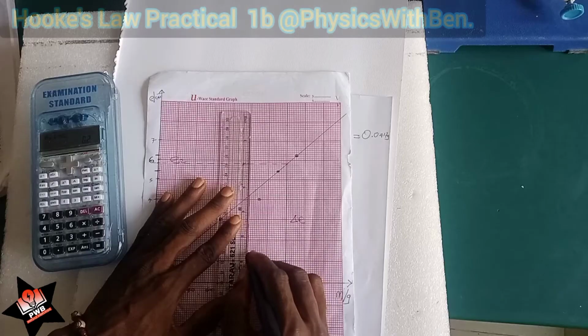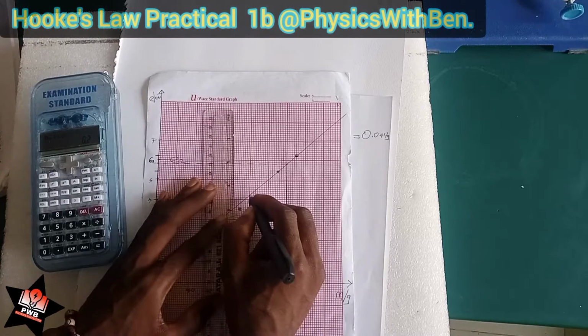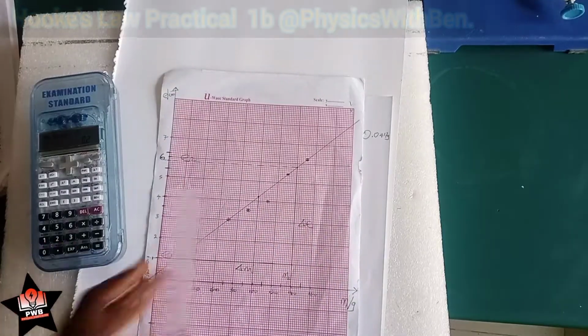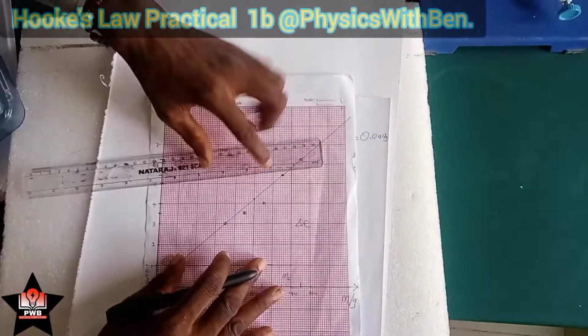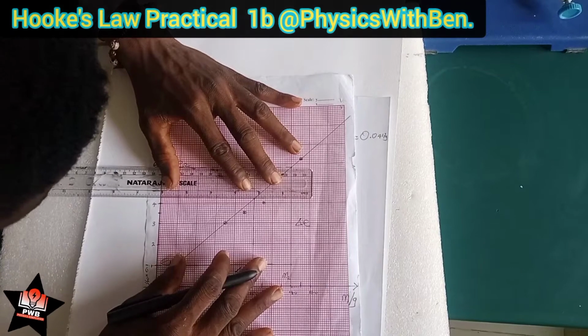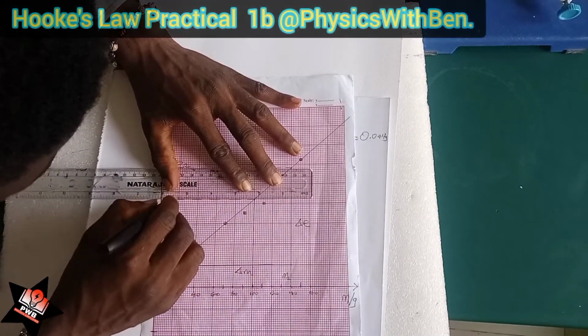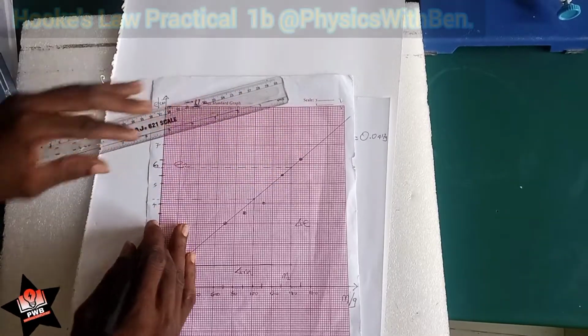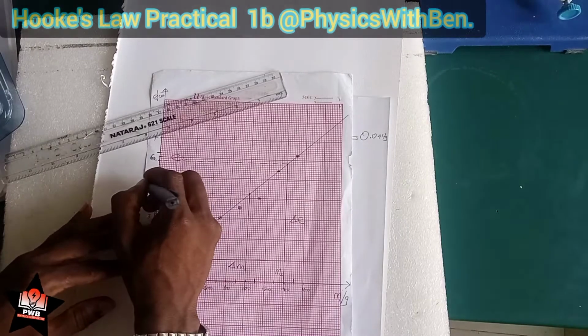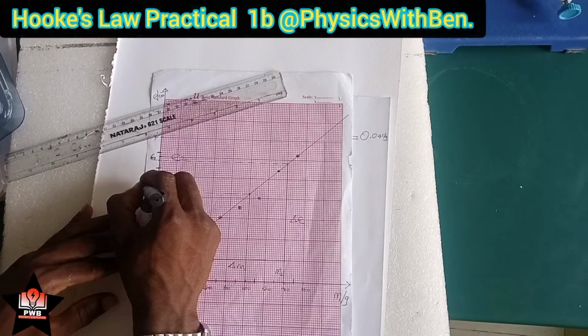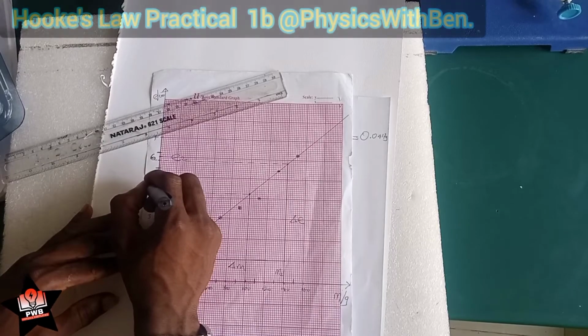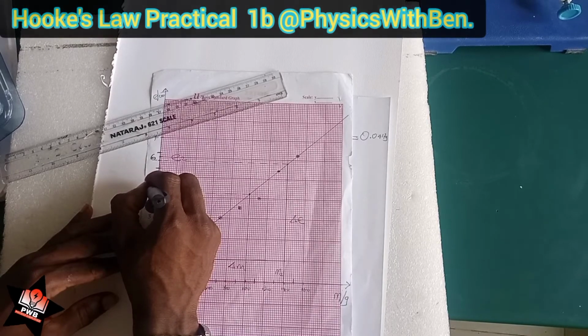We trace this point and then find the extension at this point and record it. We call this our E1.